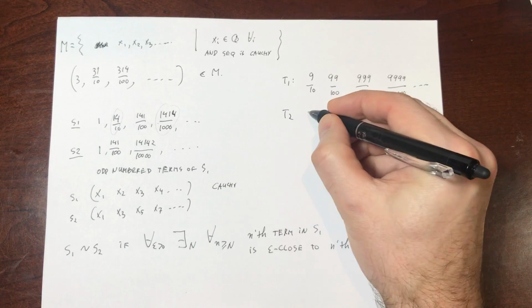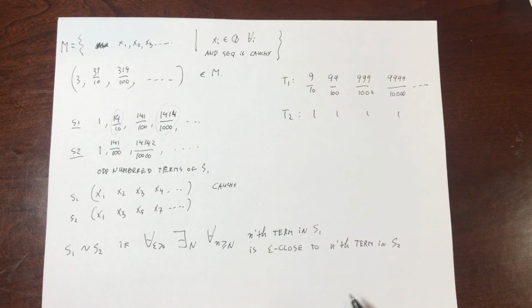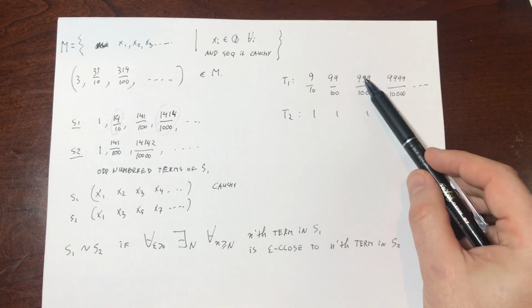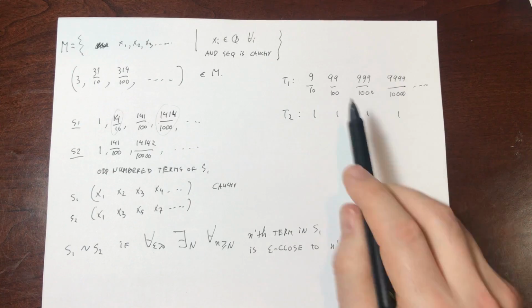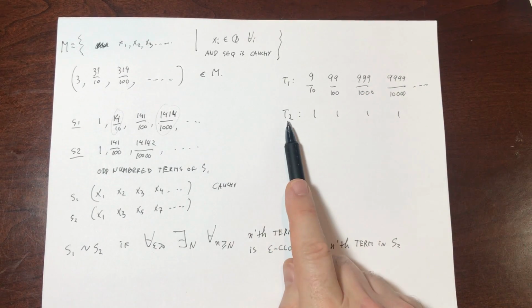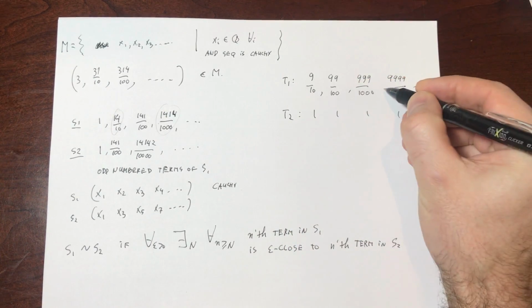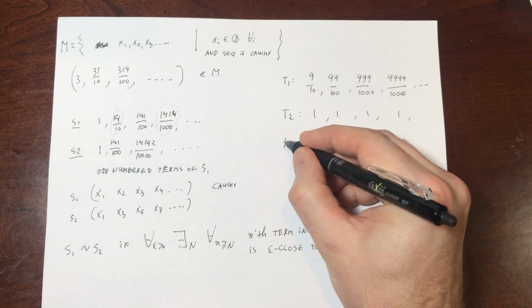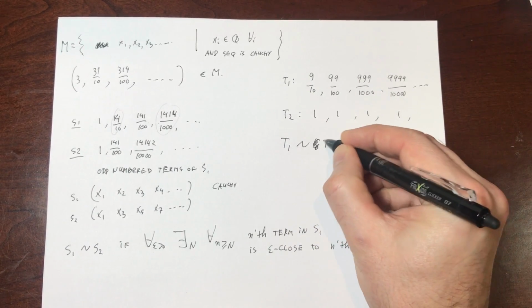And sequence number T2 is this sequence, 1, 1, 1, 1. Now notice, this gap is small, but this is even smaller, and this gap is even smaller. So the 100th term in T1 is really close to the 100th term in T2. So sequence T1 is equivalent to sequence T2.